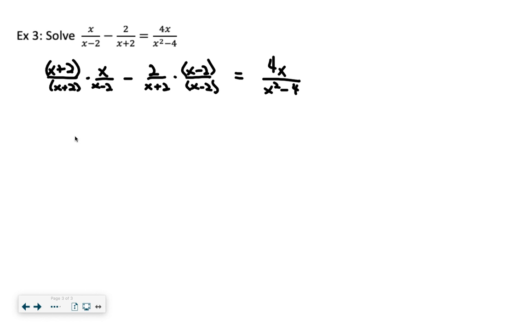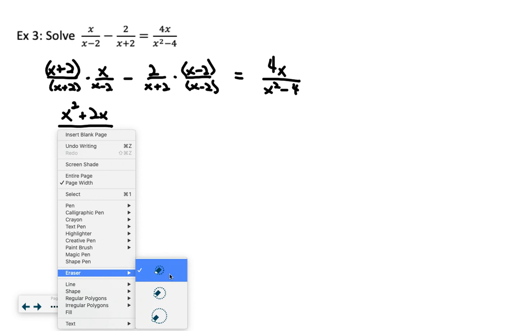So distribute the x, we'll get x squared plus 2x over... so if I multiply that out, I'll go ahead and do that here.